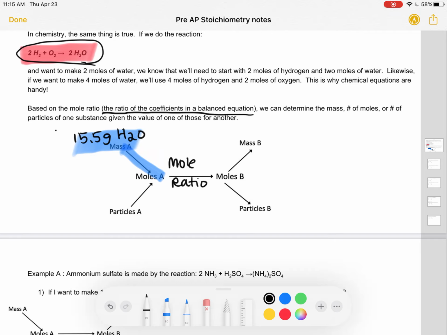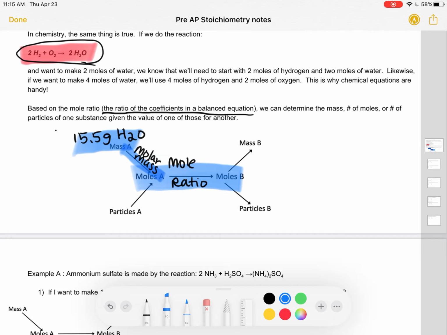We can use our molar mass to get us there. Now our balanced chemical equation will take us from the moles of water to the moles of, let's say, hydrogen that we need to get there.